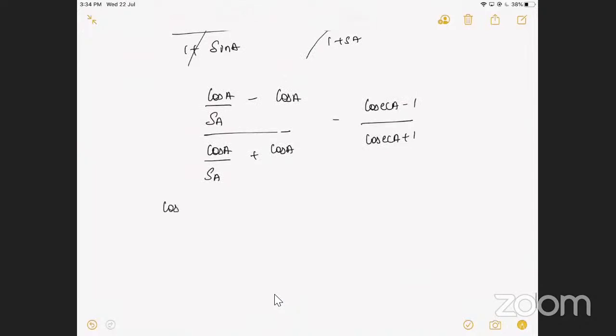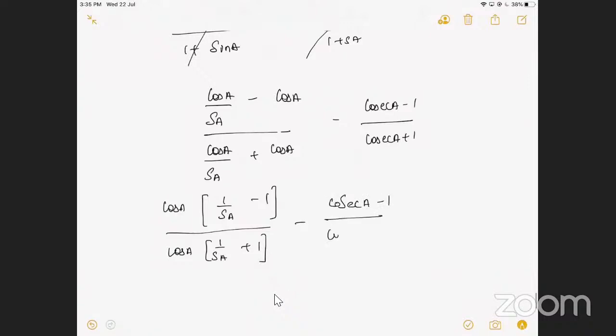So if you have taken cos A common, it will be 1 upon sin A minus 1 divided by, if you take cos A common, it will be 1 upon sin A plus 1, minus cosec A minus 1 upon cosec A plus 1.